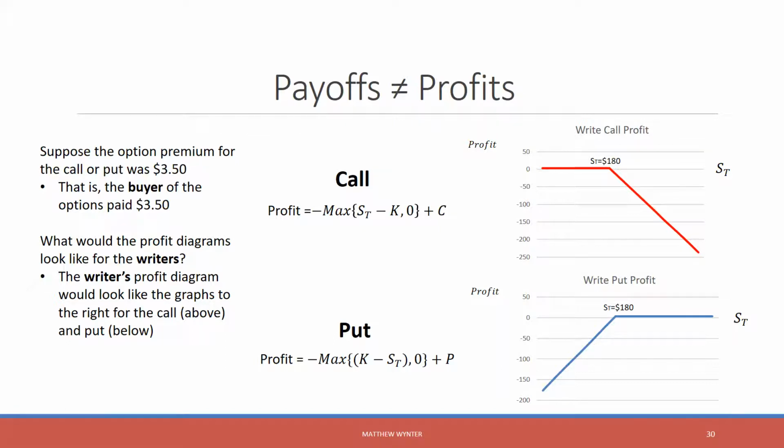And the intuition is that as long as the spot price is below 180, if I'm the person who wrote the call option, I'm okay because I still receive my call option premium. For the put option, the exact opposite. As long as the spot price is above 180, if I'm the person who wrote the put option, I'm okay because I'm still receiving my premium.